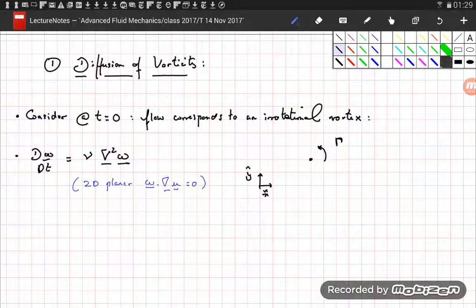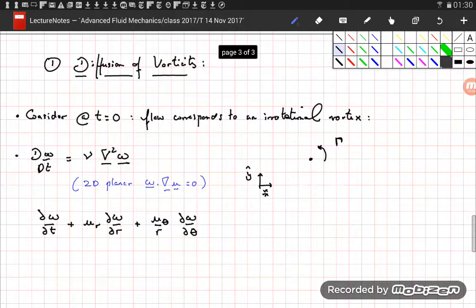So let me write the advection diffusion equation in polar coordinates. That would be partial omega over partial t plus u dot grad omega. So this will be equal to plus the radial component of u, partial omega partial r, plus the circumferential component of u divided by r times d omega d theta.